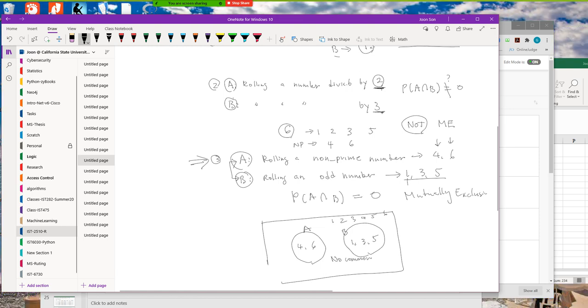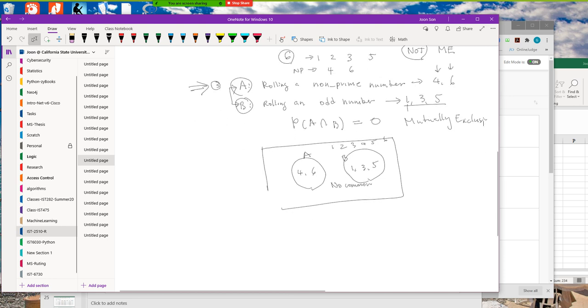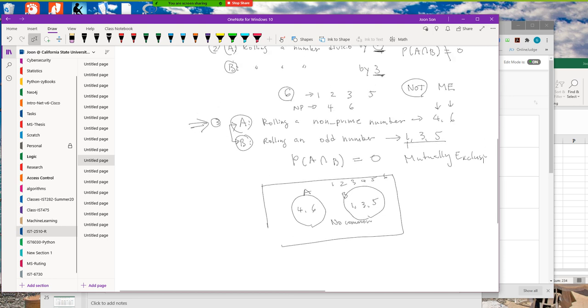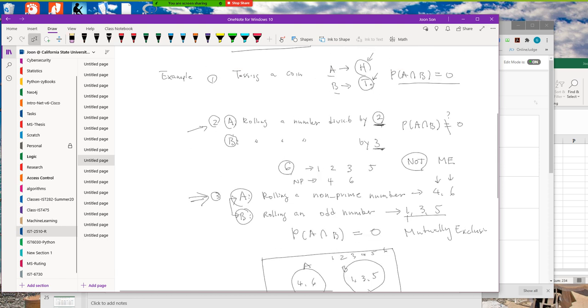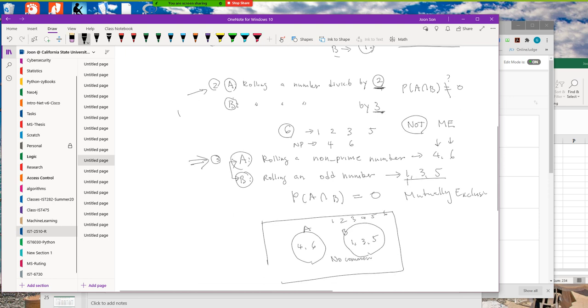So if they both had a number in common, it would not be. So for example, let's look at example number 2. This is not mutually exclusive, right? Why? Because let's list all the possibilities for rolling a number divisible by 2.